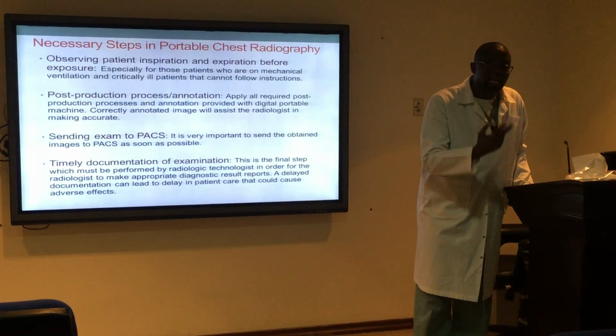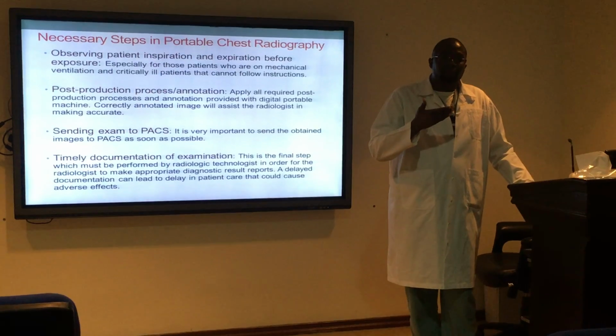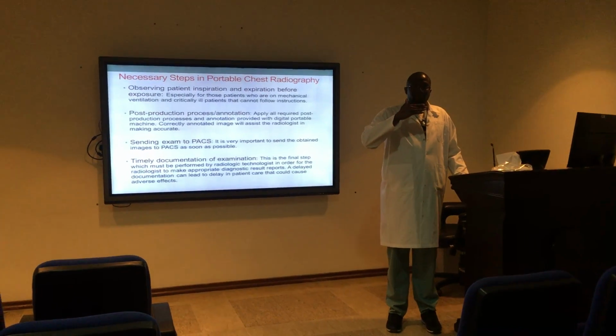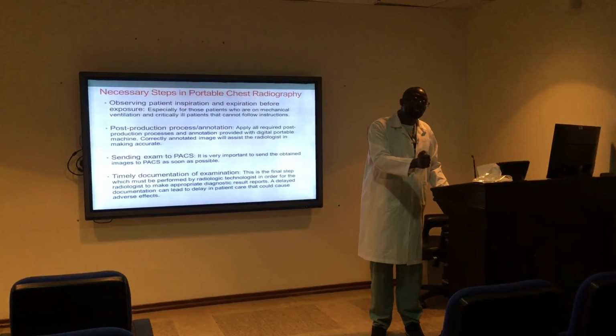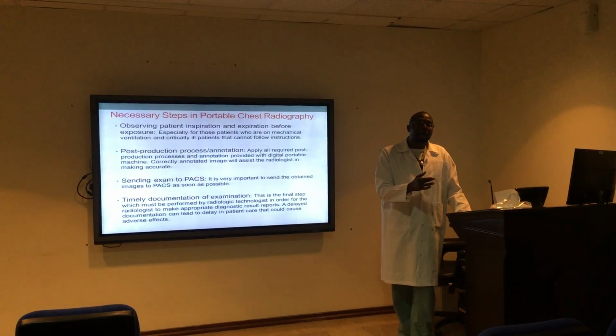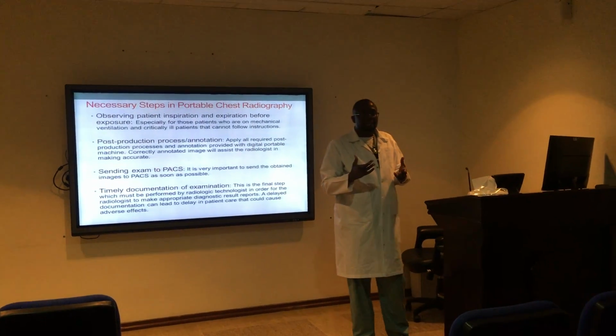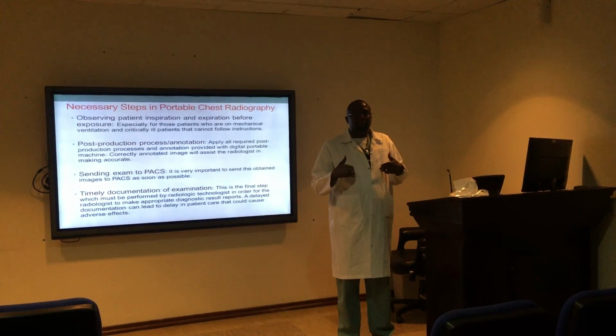You have to try to observe when the chest rises up or is falling down, and be able to make your exposure at the right moment. We all know why it's good to take an X-ray when our patient has taken in air.